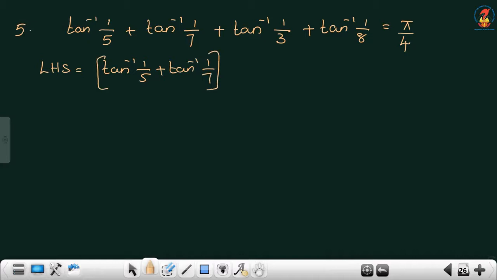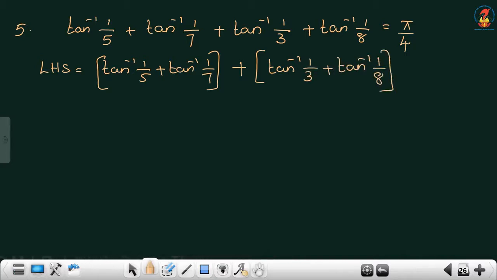Okay. Children, you can't write tan inverse of 1 by 5 plus 1 by 7. That is not possible. That is taking out tan inverse outside. Not like that. You have to apply the addition formula. Then the next bracket, tan inverse 1 by 3 plus tan inverse 1 by 8.